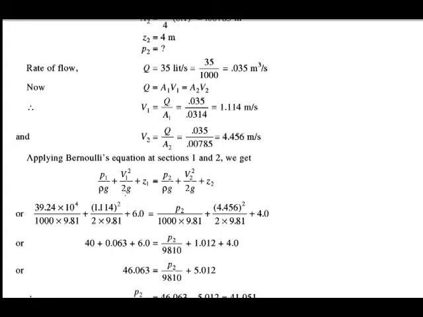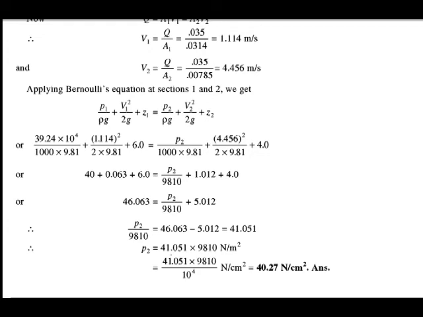Now put all the values into the equation. So we get 39.24 into 10 raised to 4 upon rho, the density of water, which is 1000, into acceleration due to gravity, 9.81, plus V1, 1.114 square upon 2 into 9.81, plus Z1, which is 6, is equal to, we have to calculate the P2, so it will remain as it is.